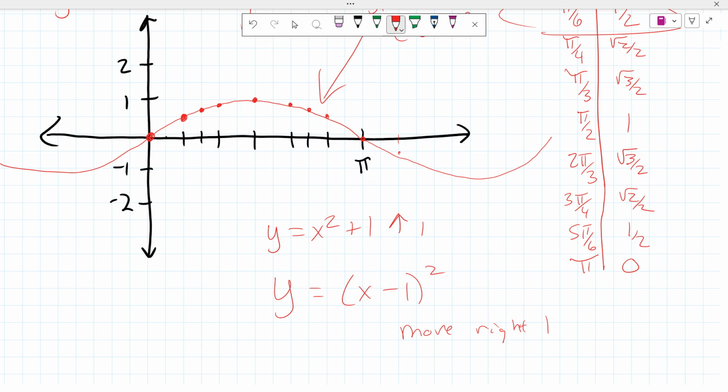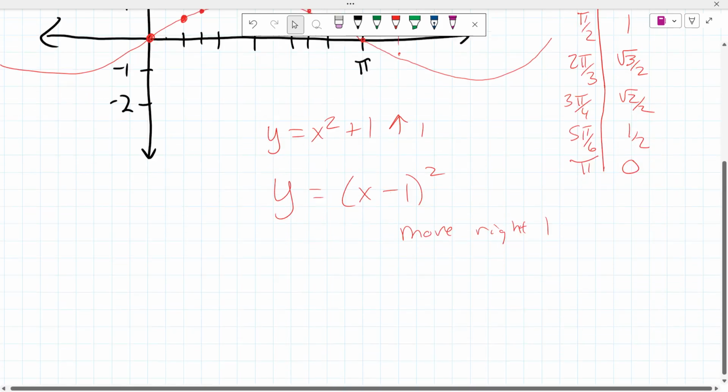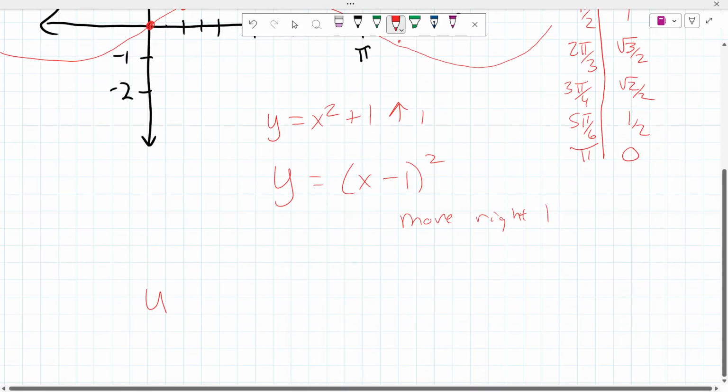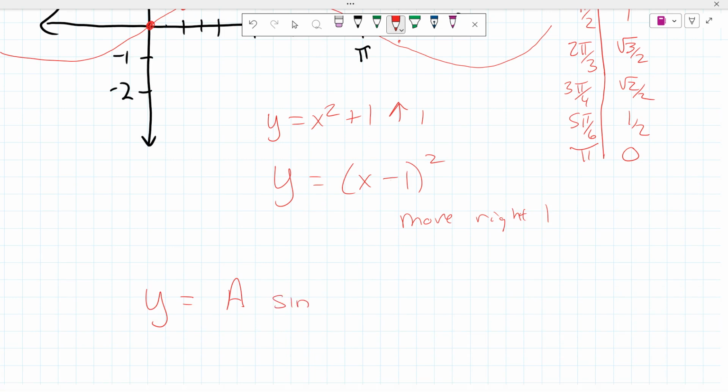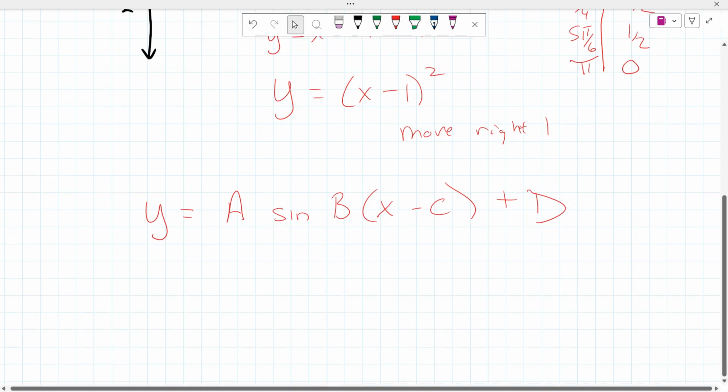Okay? So we're going to be doing that in here because we're going to do y equals a sine of b times x minus c plus d. D for Mr. Bierschbach's not being able to write right. He gets a D. Okay.